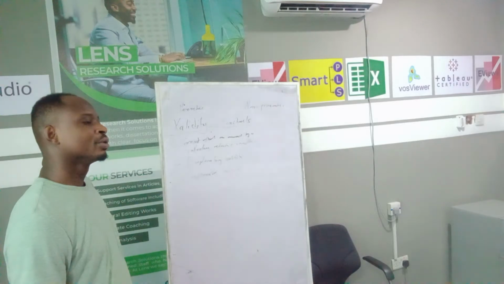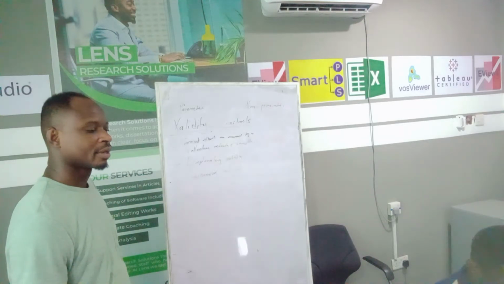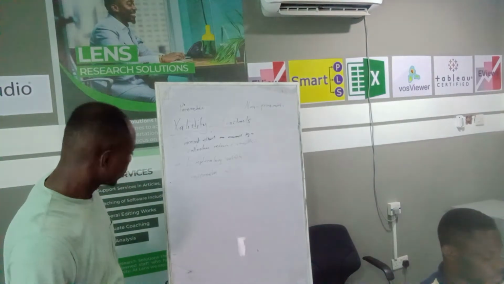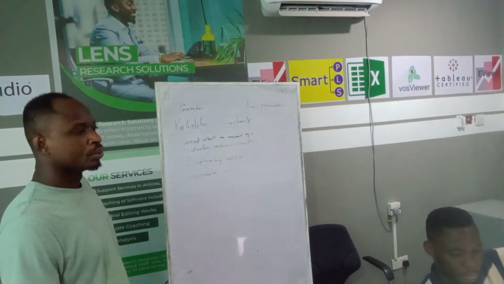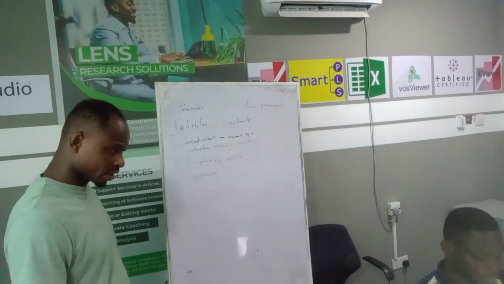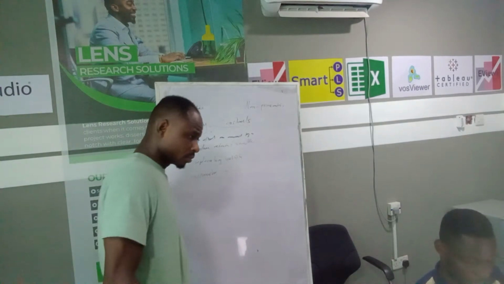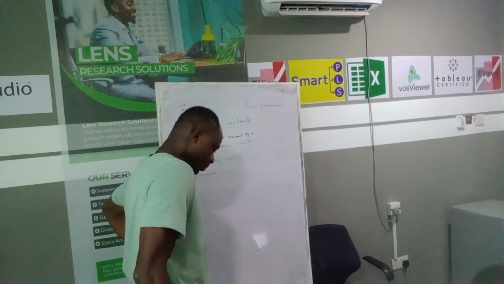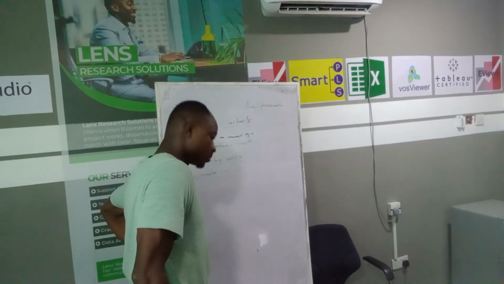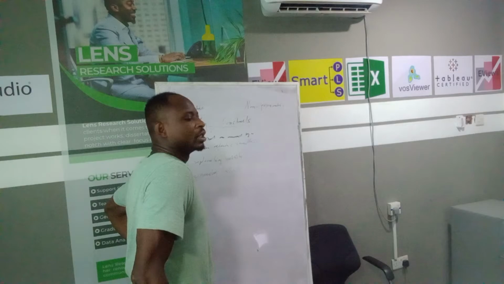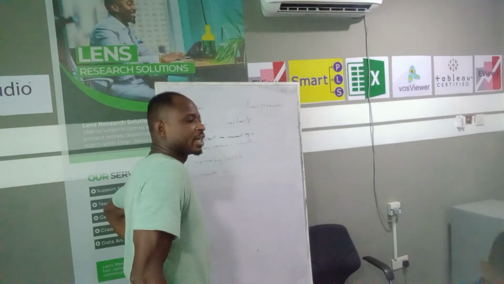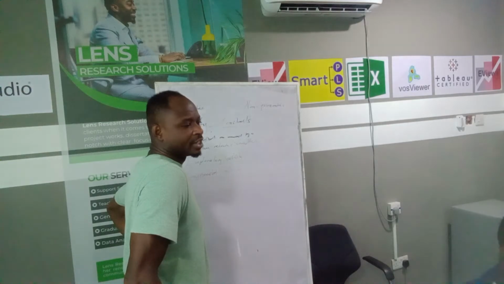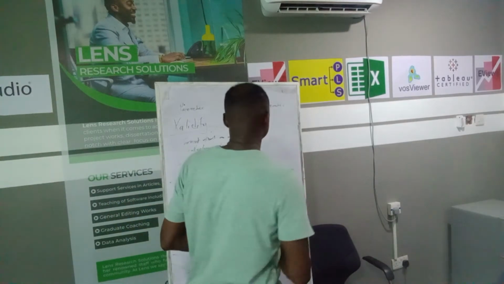So when you are using partial least squares, you compute what we call discriminant validity. And discriminant validity is measured by HTMT. Don't forget, it's measured by HTMT. Okay? HTMT ratio.